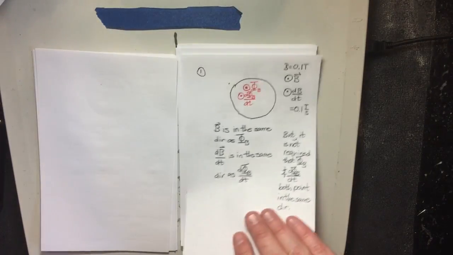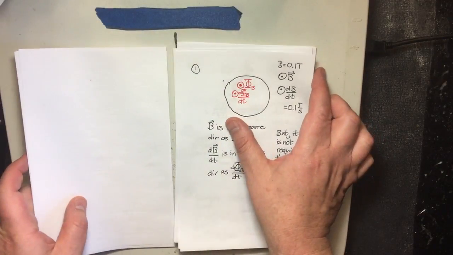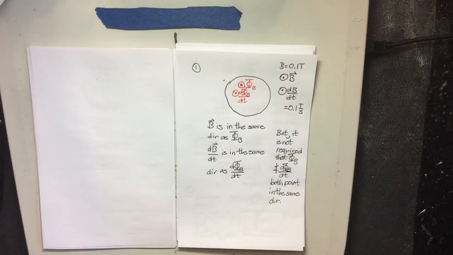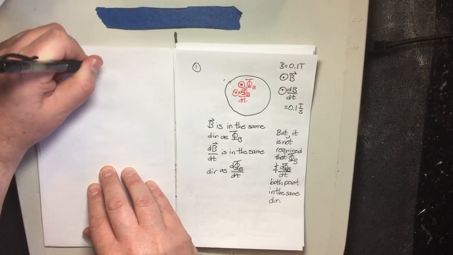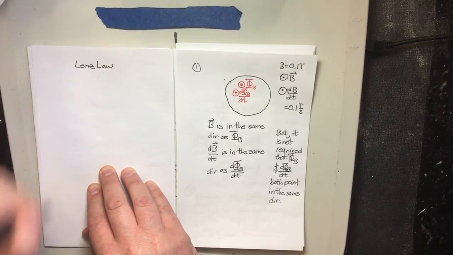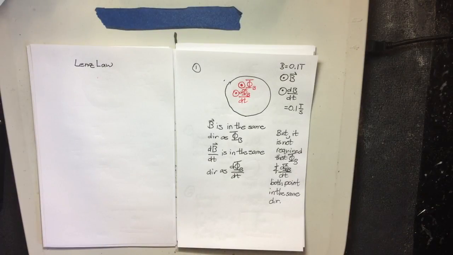Now we have to introduce an idea that is called Lenz's law. And Lenz's is actually spelled with a Z. Nature, like students, hates change. Doesn't like it.